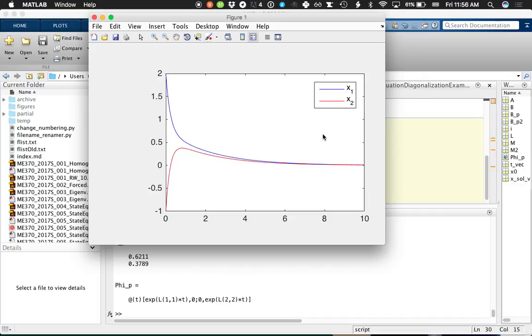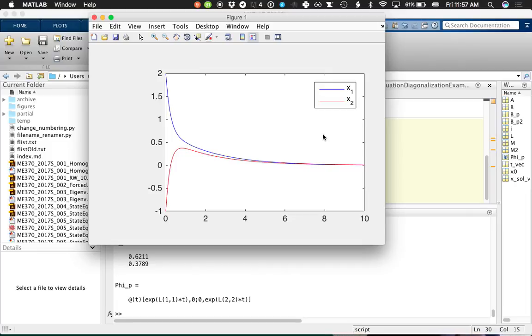Could you relate that to a physical system? Yes, it's like an overdamped mechanical system. One could be like the force in the spring is x1 and the velocity of the mass could be x2.